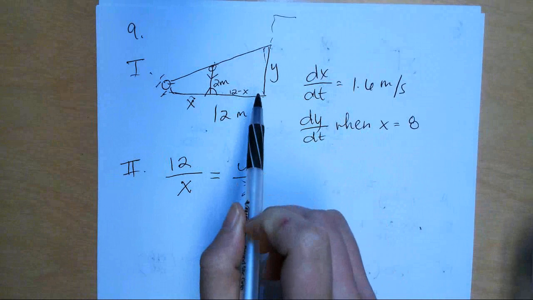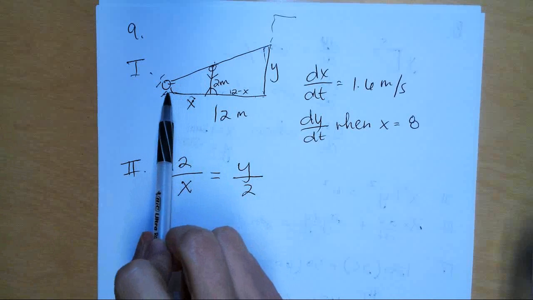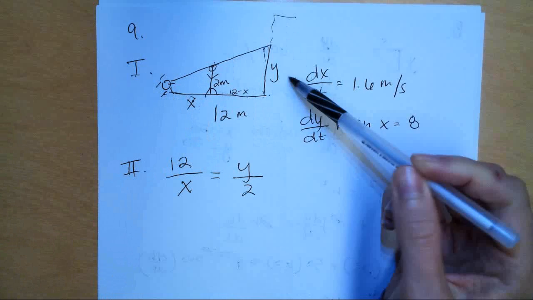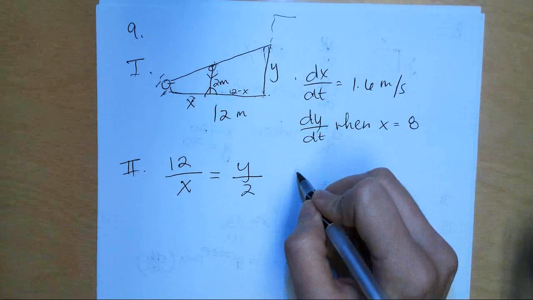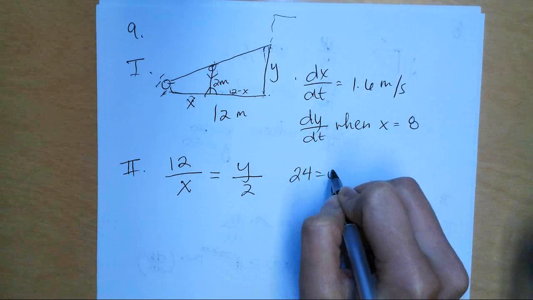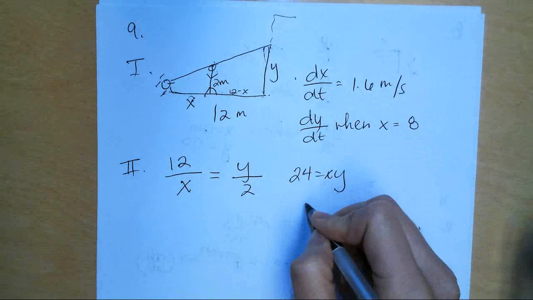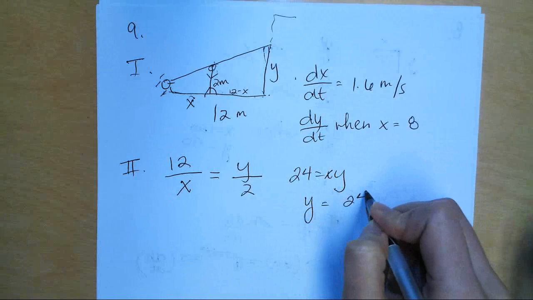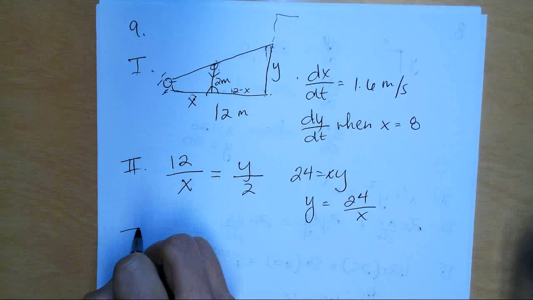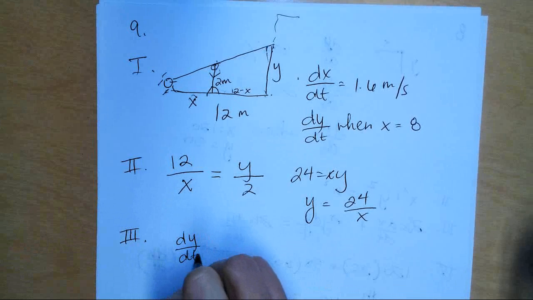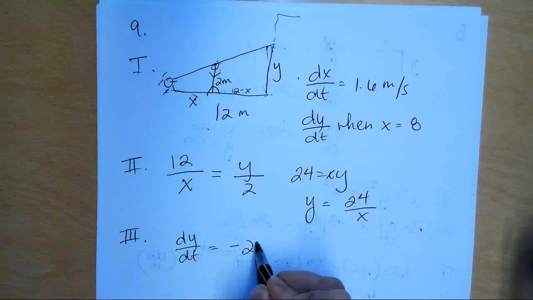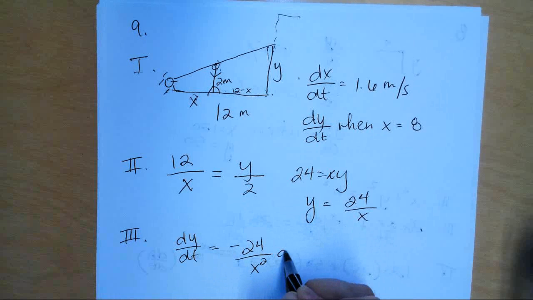Oh, yeah. So I'm saying the big base is to the little base as the big height is to the little height. Okay, which gives me 24 equals XY, and since I'm looking for dy, I'm just going to say that Y is equal to 24 over X. Step 3 is to take the derivative, so dy/dt equals negative 24 over X squared dx/dt.